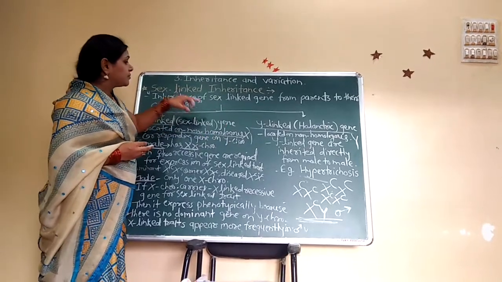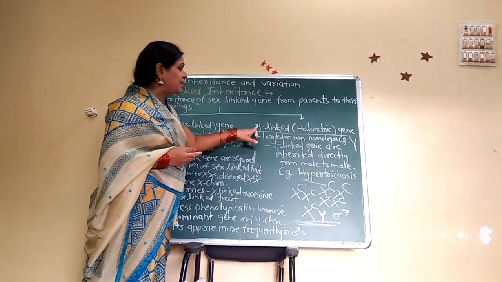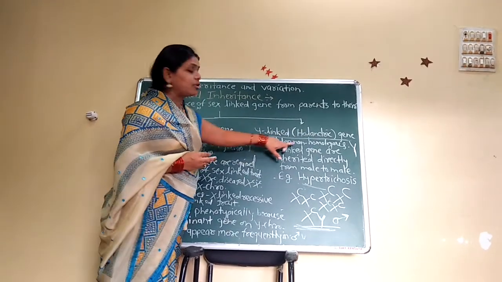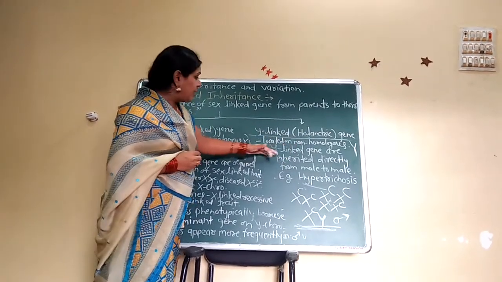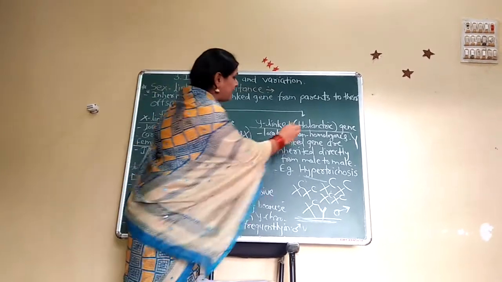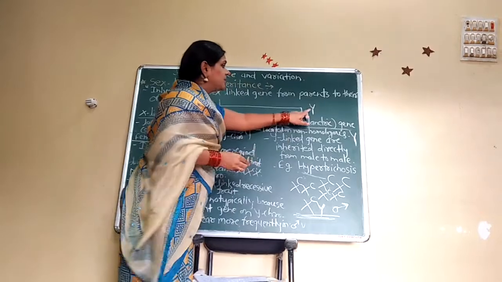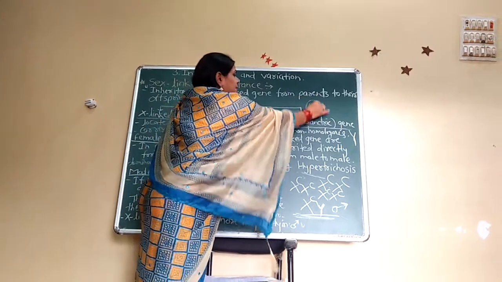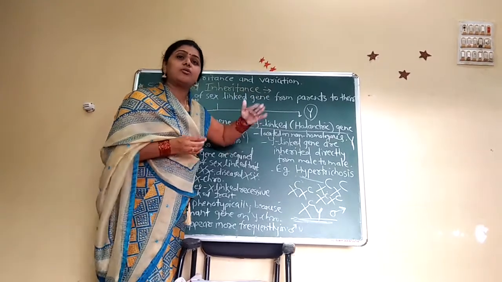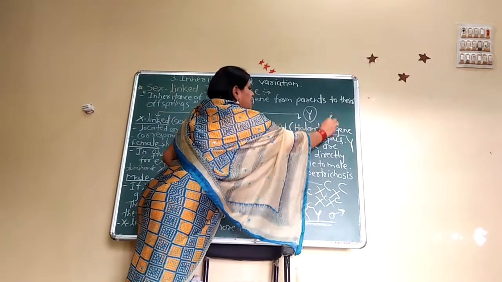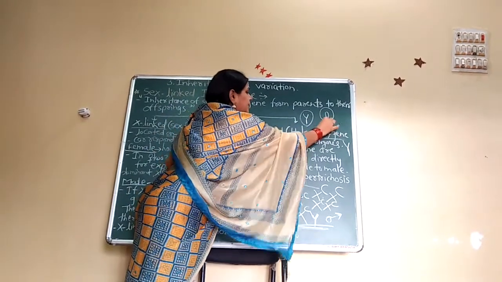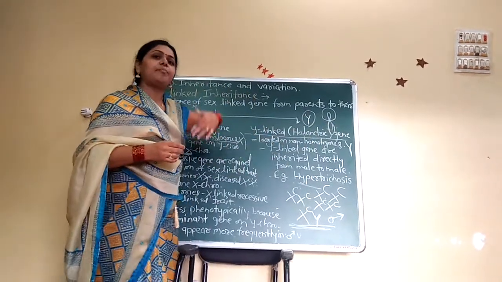Then the Y-linked gene, which is also called the holandric gene. It is located on the non-homologous region of the Y chromosome, and Y-linked genes are inherited directly from male to male.